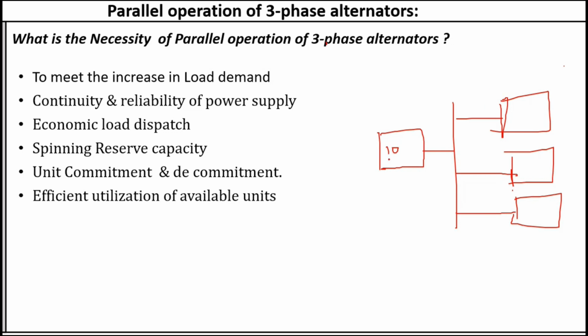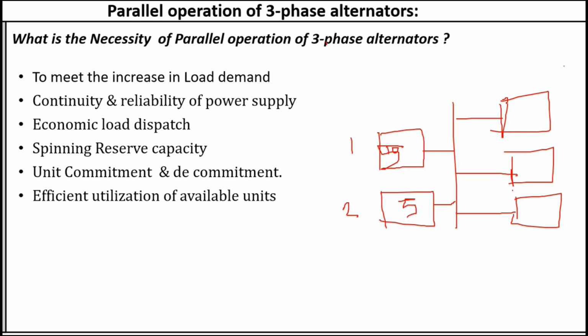But instead of this 10, if I supply this load with 2 alternators of, let us say, 5 and 5 capacity, then suppose I have to carry out maintenance of the first alternator. So what I will do? I will reduce some load which is not necessary.